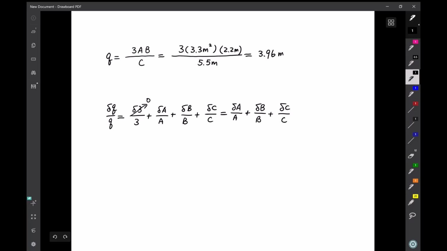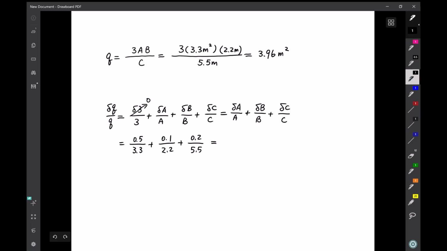And you calculate that to be 3.96 meters squared. To calculate the uncertainty, we plug in the numbers in our uncertainty calculation. 0.5 over 3.3. For the relative uncertainty, you can forget about the units because the units should be the same for the uncertainty and the value, so they do cancel out.